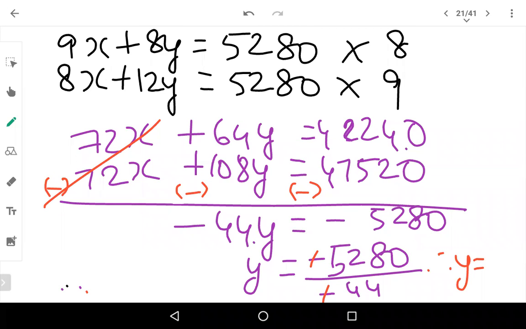How about others? Still solving? Okay. Anusha, what is that? 1 table minus 4 chair is equal to 0. I didn't understand that. Okay, everybody got y is equal to 120. Good. Now substitute y in equation 1 and solve, find the value of x.